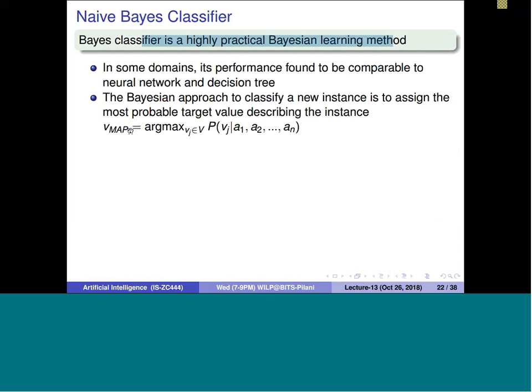You know this already. What you want to find out is the probability. And see, this is just a mathematical notation.